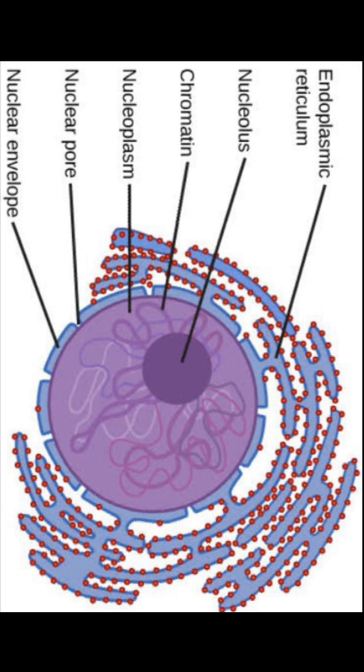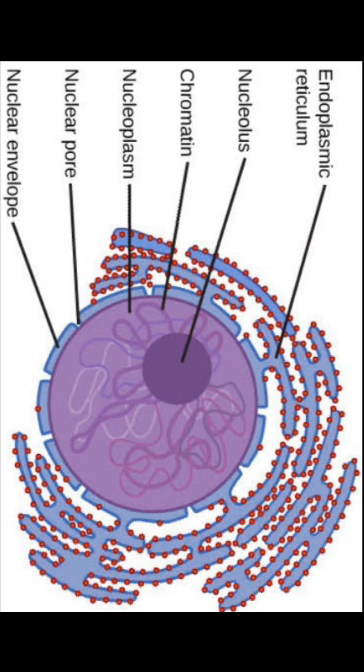At a number of places, the nuclear envelope is interrupted by minute pores. You can see that at different places the nuclear envelope is disturbed and forms small pores. Those pores are called nuclear pores. You can see nuclear pores on the diagram right now.